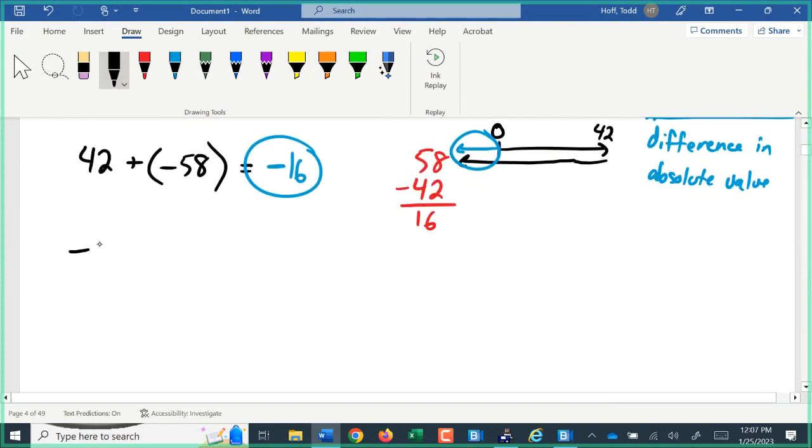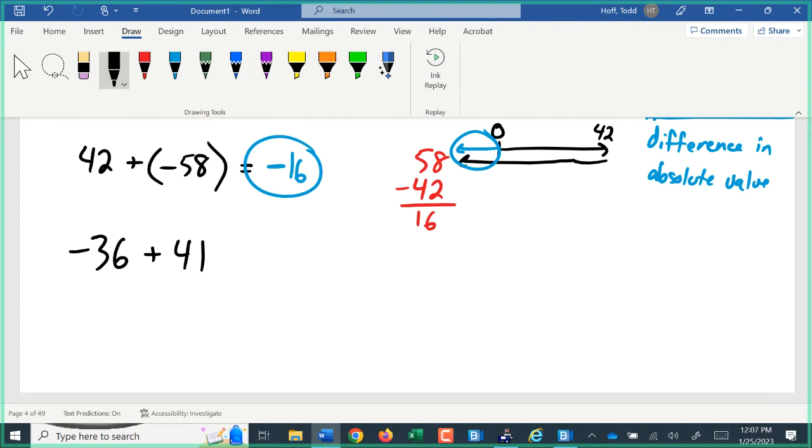Or we might have a negative 36 plus 41. Same thing. Here's 0. Negative 36 goes this way. 41 is positive. It goes the opposite direction. And 41 is longer than 36 again. So we pass 0 and we're in the positive side.